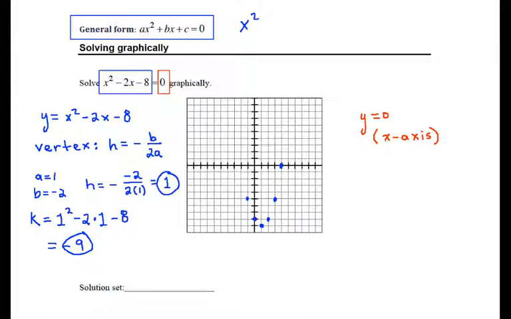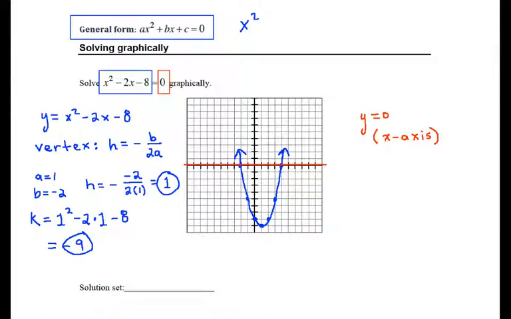Then I can reflect all of these points back about the line of symmetry to get my parabola. For a review of this method of graphing quadratic functions, I suggest section 3.1, the quadratic functions section. This is my parabola. Then I need the line y equals 0, which is the x-axis.